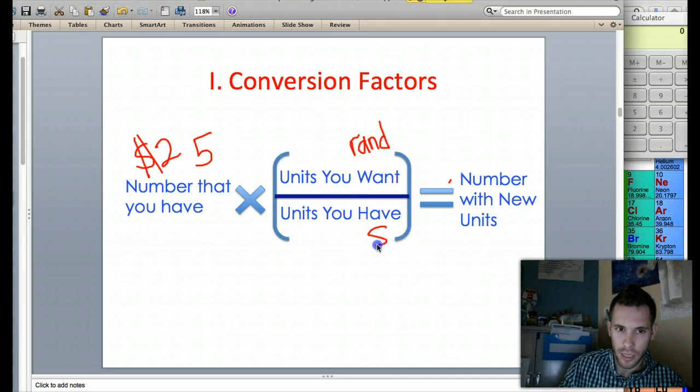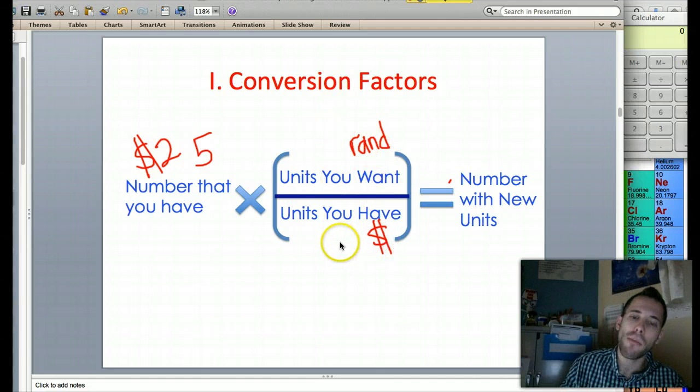So I'll just put a dollar sign, because that's easier to deal with. Now, the conversion factor is how many dollars correspond to how many rand. And I know that the correspondence is 7.05 rand for every 1 US dollar.